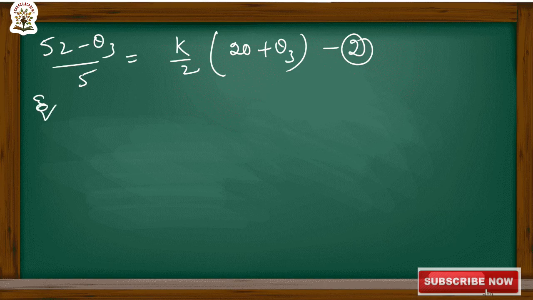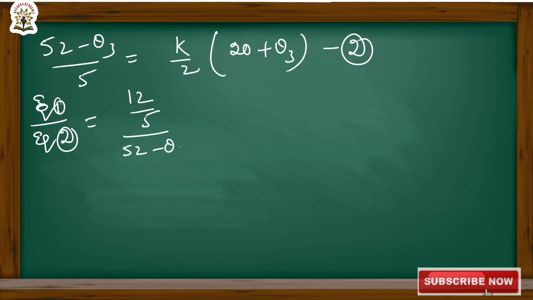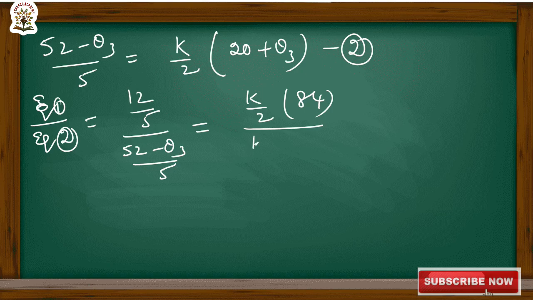Equation 1 by equation 2, that is equals to (12 by 5) by ((52 minus theta 3) by 5) is equals to (k by 2 of 84) by (k by 2 of (20 plus theta 3)). K by 2 gets cancelled, 5 gets cancelled.